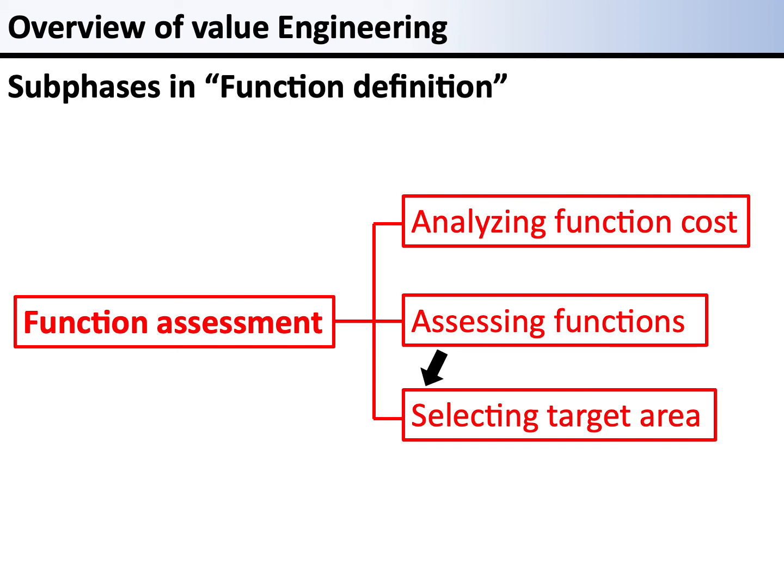The result of the comparison is used to select the functions where current cost significantly exceeds the target cost. Here, we identify the function areas with lower value to be focused for further improvement.